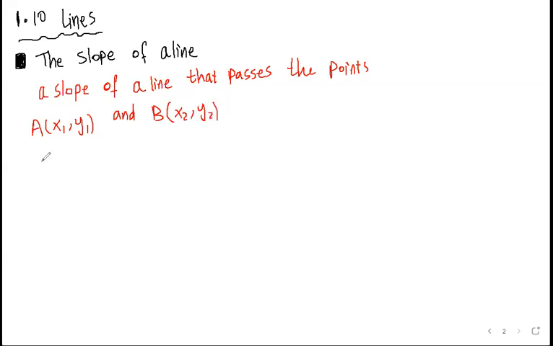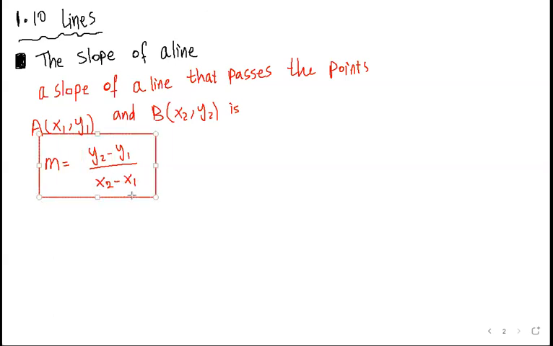So the slope is m equal y2 minus y1 over x2 minus x1. So this is the formula of slope.